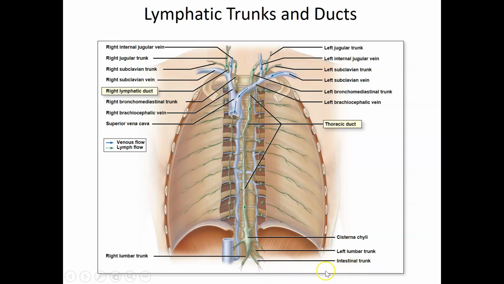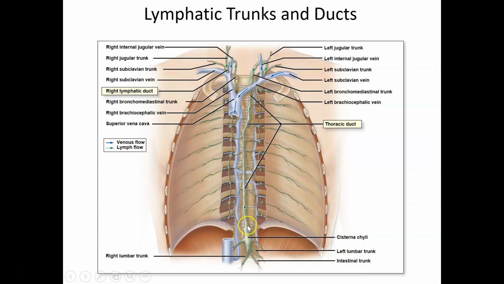Okay, so lymph is going to flow eventually into these 3, and these are going to merge into a structure. It's kind of a chamber where all of those merge in together. That's called the cisterna chyli. Okay, and then from that, this is where the thoracic duct forms.